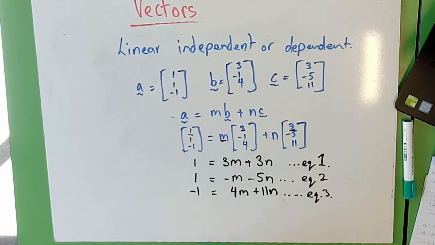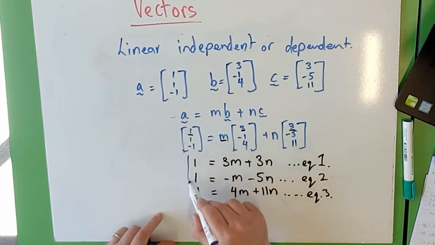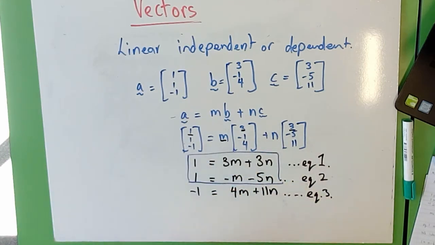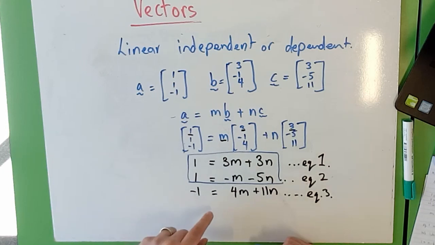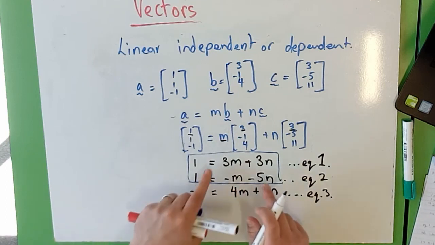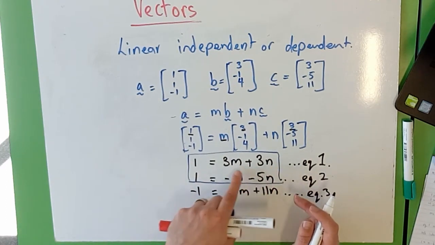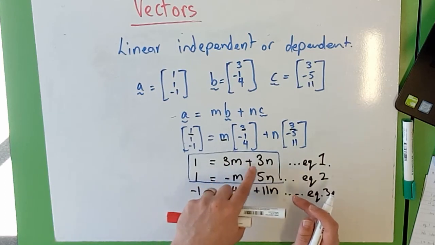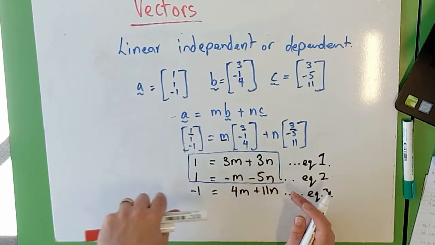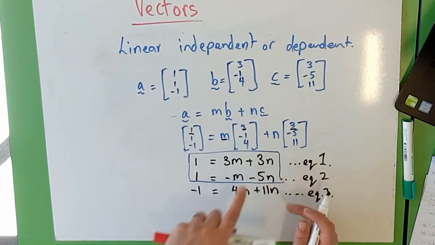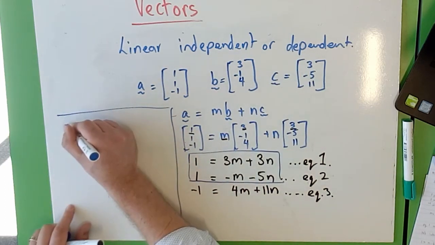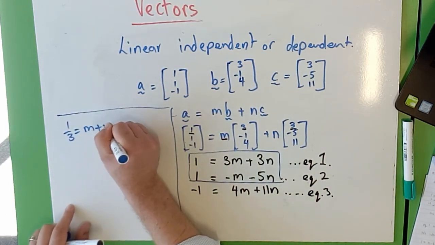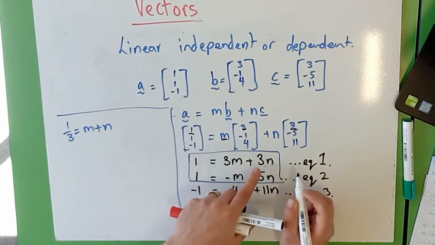Alright, so I'm going to try to solve these simultaneously. I've got two unknowns, so let's rearrange the first equation for M. If I take out the 3, I get 1 equals 3 times (M plus N), and then I divide by 3, I get 1/3 equals M plus N. That's from equation 1, dividing both sides by 3.